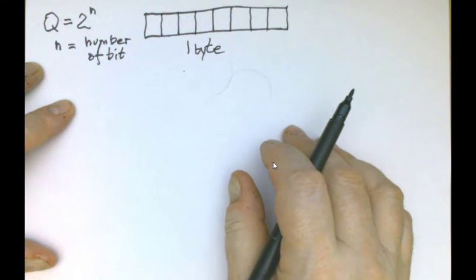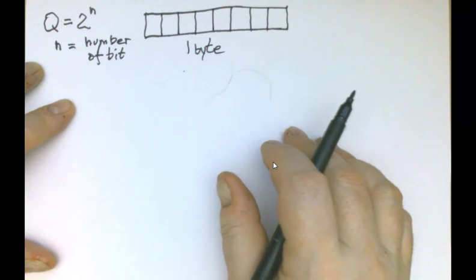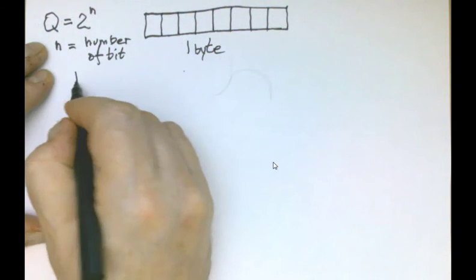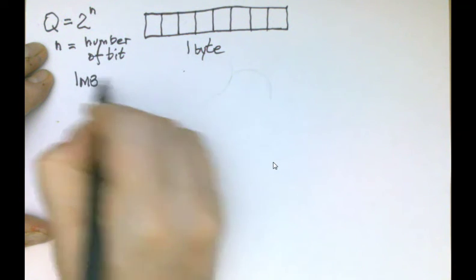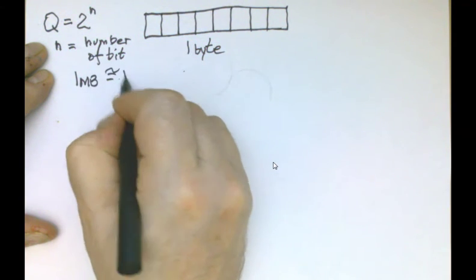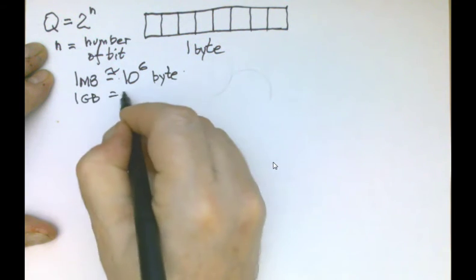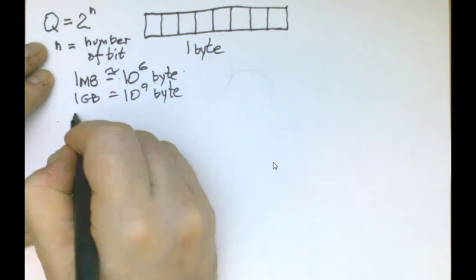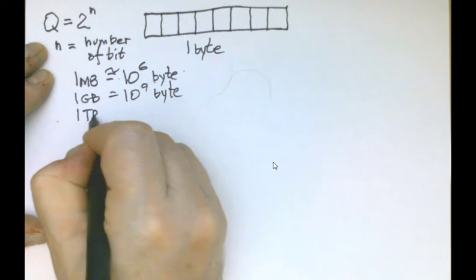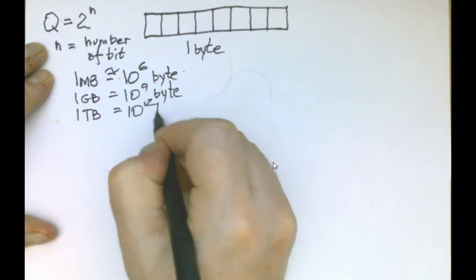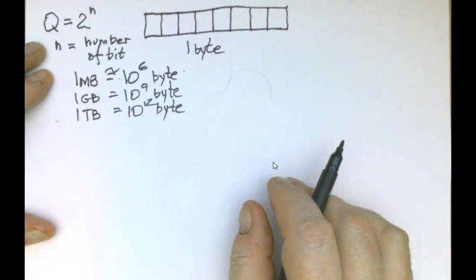By the way, the memory of computers is measured in megabytes, gigabytes, and terabytes. I will remind you quickly that 1 megabyte is approximately 10 in the power of 6 bytes, 1 gigabyte is 10 in the power of 9 bytes, and 1 terabyte is 10 in the power of 12 bytes. So the byte is a universal measurement unit for informational storage.